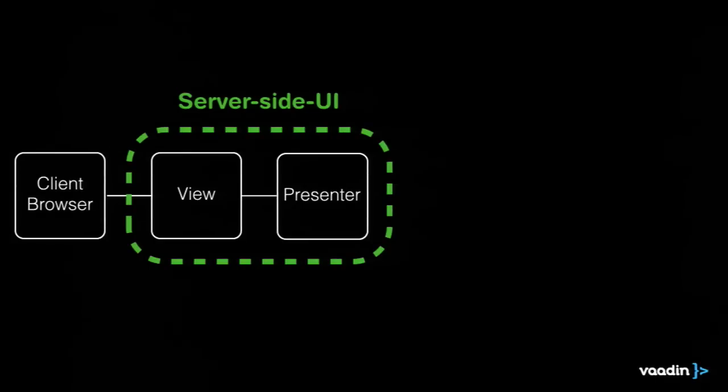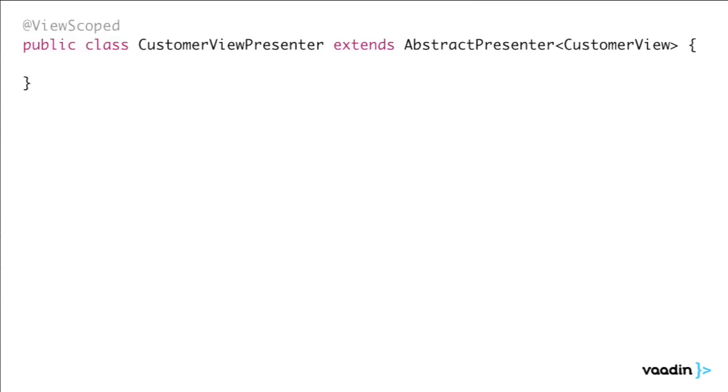The presenter part would be implemented in such a way that it would be extended from some abstract presenter, whose purpose is again to do the generic typing for the customer view interface, not the actual implementation, but just the interface. And since we're now talking about views, we quite often use them together with Vaadin Navigator.